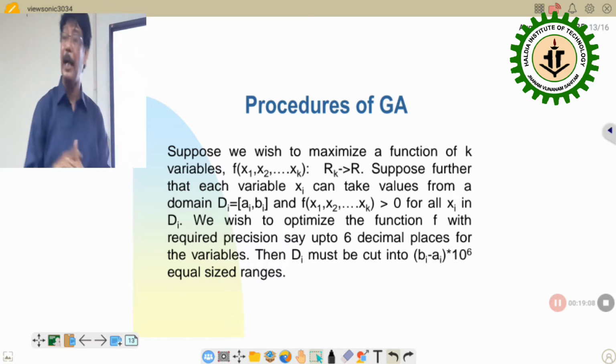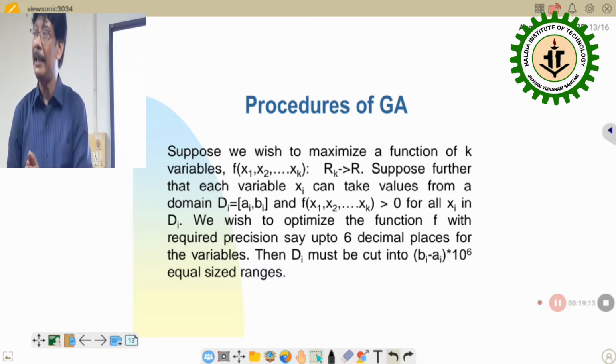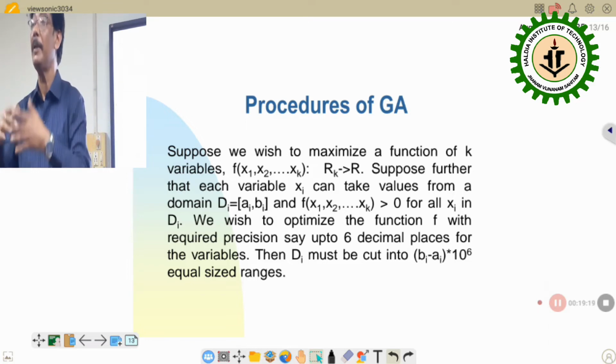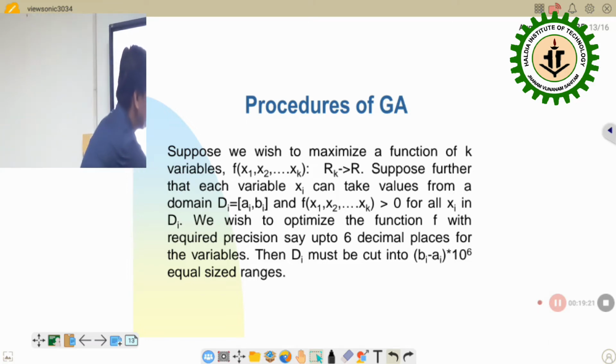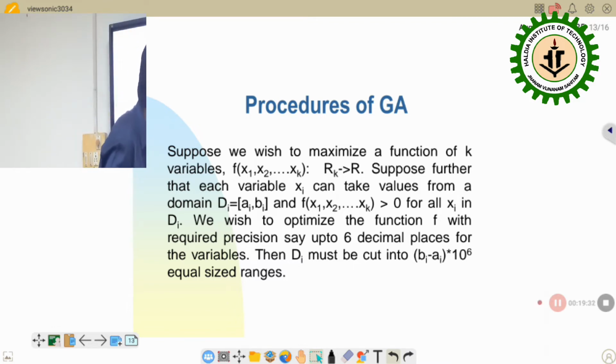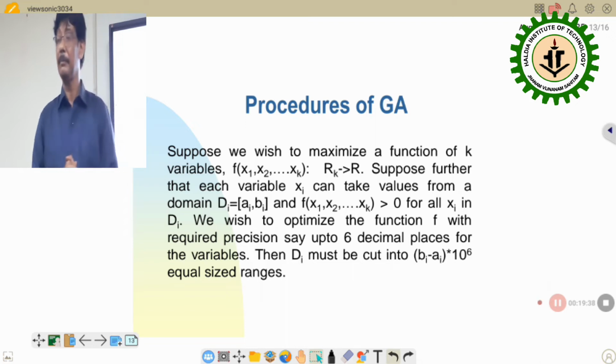Whatever the range of xi, it has to be subdivided into equal size ranges. So if it is ai and bi, and I want precision up to 6 decimal places, then the whole domain must be subdivided into (bi minus ai) into 10 to the power 6 equal size ranges.